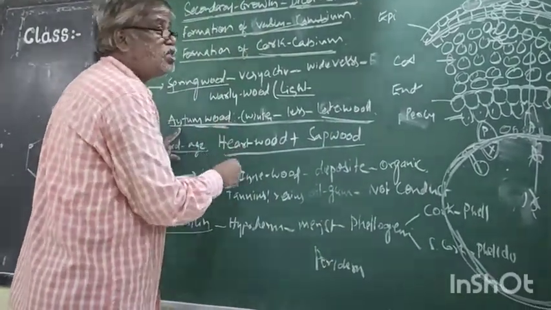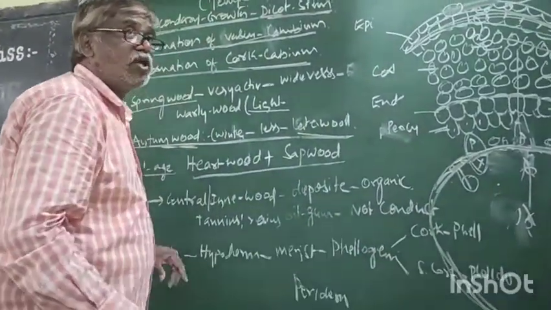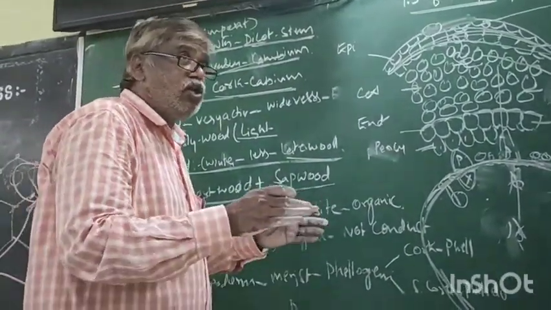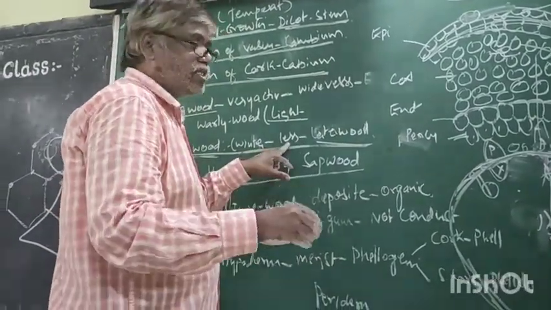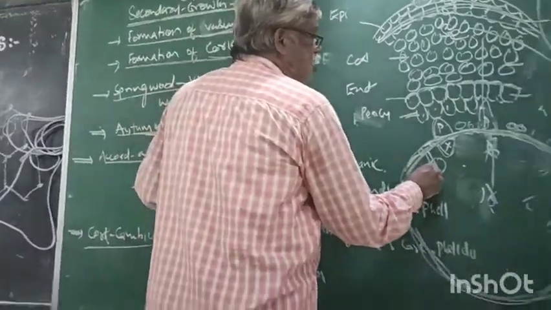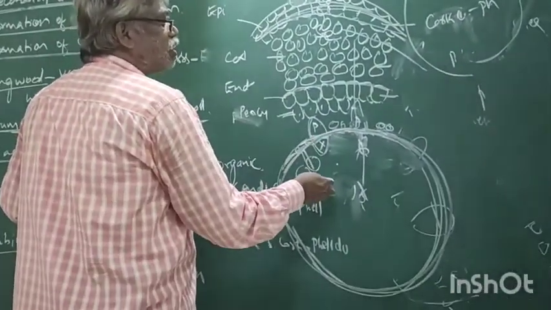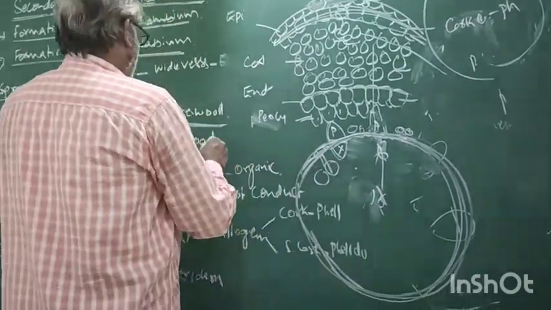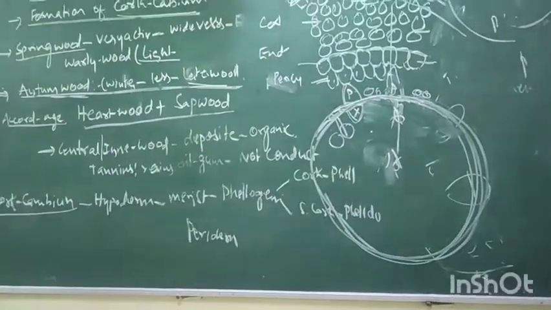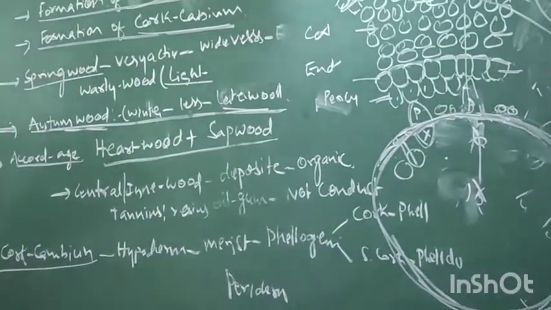During winter, activity decreases, so the activity becomes slow, hence the lumen is less and it is heavy. Lumen is less, that means the internal cavity is less. Hence it is late wood. Once again, springwood and autumnwood are based on external factors.